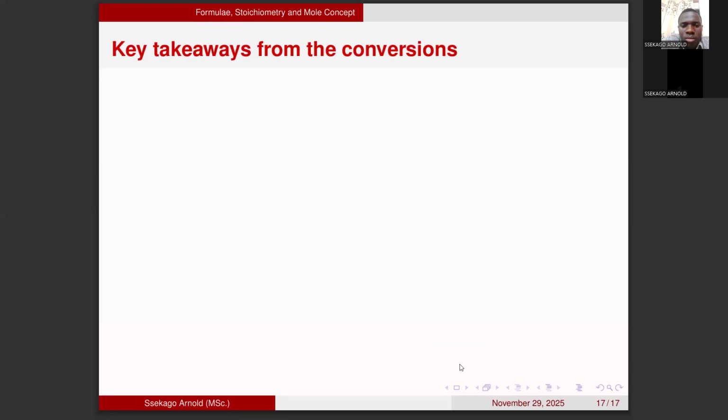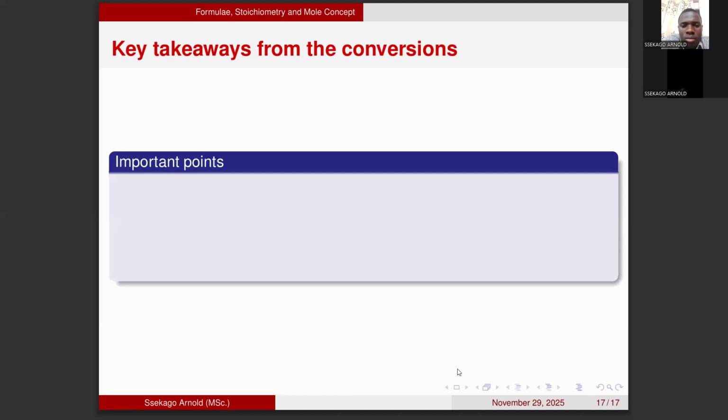In summary, we have the following key takeaways from the items that I have worked out. You should take note of these important facts when converting from different units. You may be converting from atoms to volume, from atoms to mass, from atoms to moles, etc. So when carrying out different conversions, we have the following important points which you have to take note of.